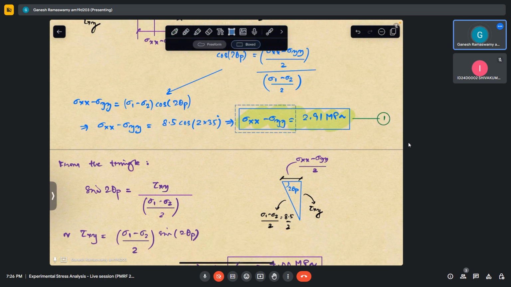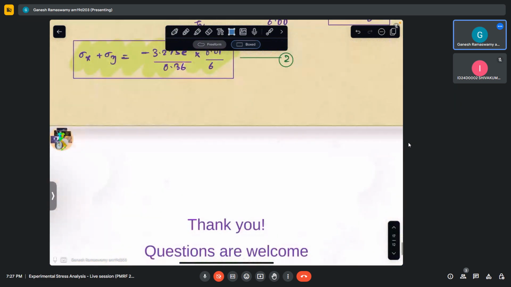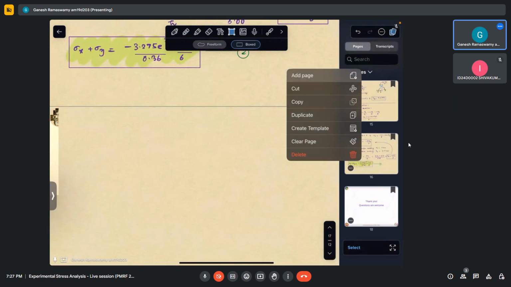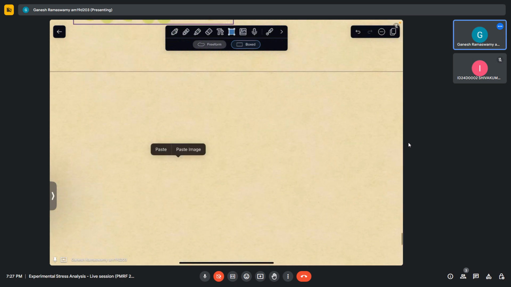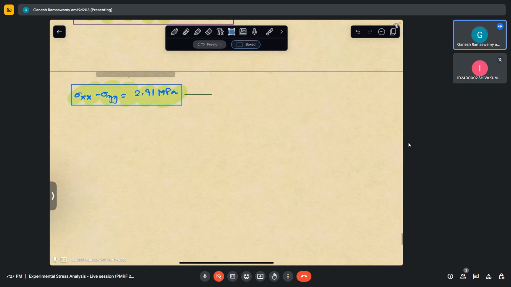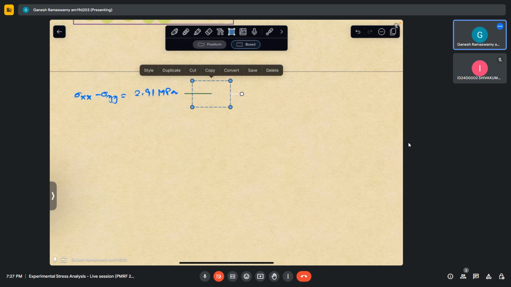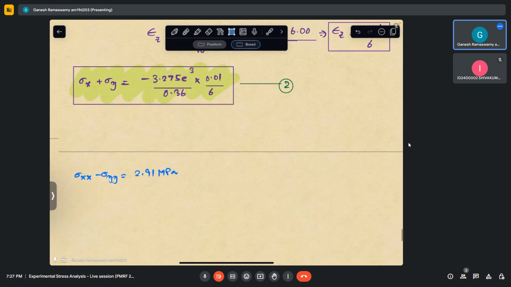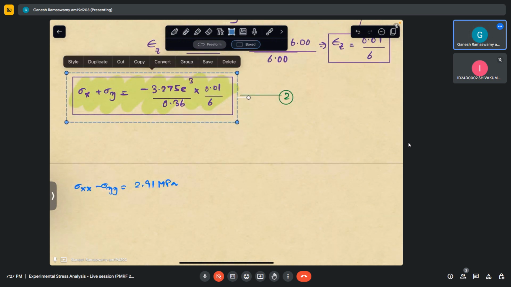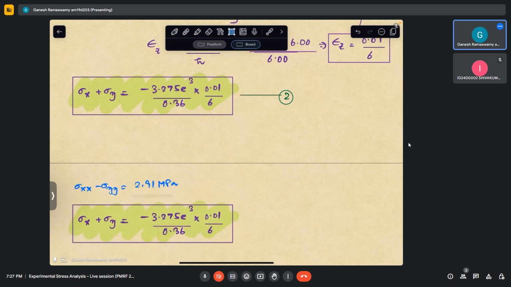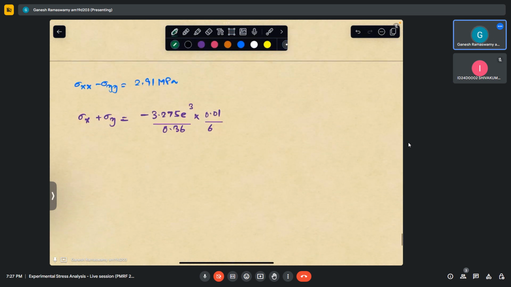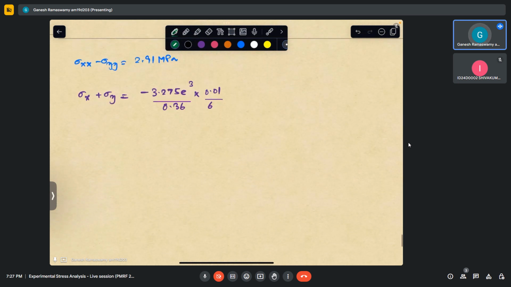So if I were to take a copy of equation 1, and equation 2 like that, and recast this, these are two equations and two unknowns.